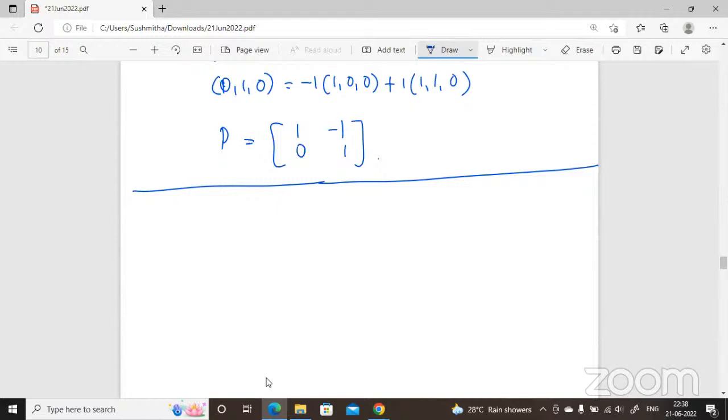Homogeneous, inhomogeneous, in affine space, the solution set to a system of linear equations. Yeah, the solutions of Ax is equal to 0 form the subspace. Ax is equal to B forms an affine space. This I had discussed in my session, the Friday session.